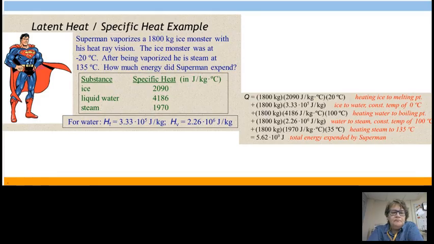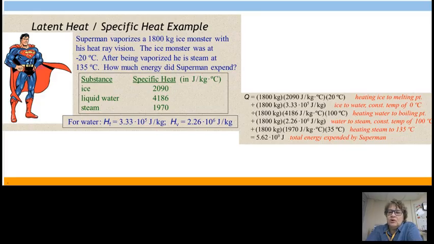For water, the heat of fusion, or L_F, is 3.3 times 10 to the 5th joules per kilogram. We've talked about that one before. And then the heat of vaporization is 2.26 times 10 to the 6th joules per kilogram. So you'll notice that to vaporize something, you need a lot more energy.